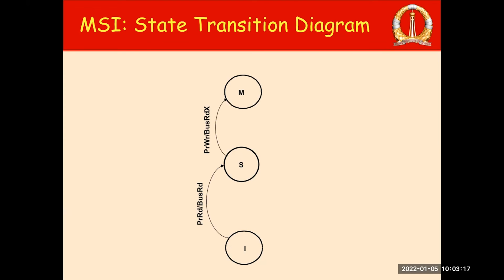But if it wants to write into this data or into one of these words, then it has to generate a processor write signal, and that processor write signal moves this data from the shared state to the modified state, because now the cache block has been modified. And when this happens, it sends what is called the bus read exclusive signal. Let's see how this bus read exclusive signal is going to affect the state of other processors and their caches a little later.